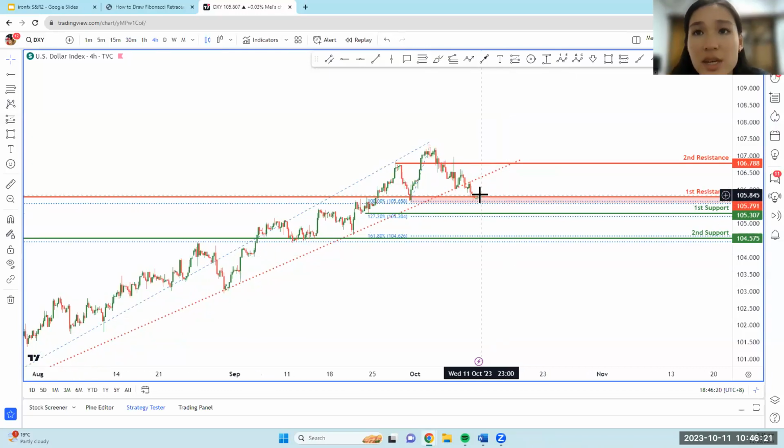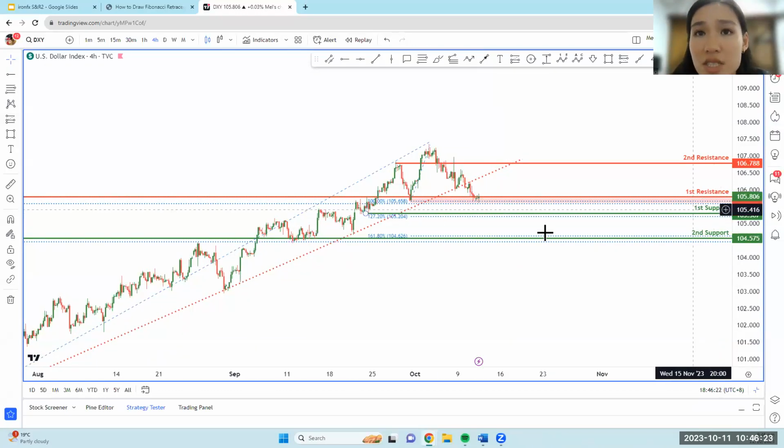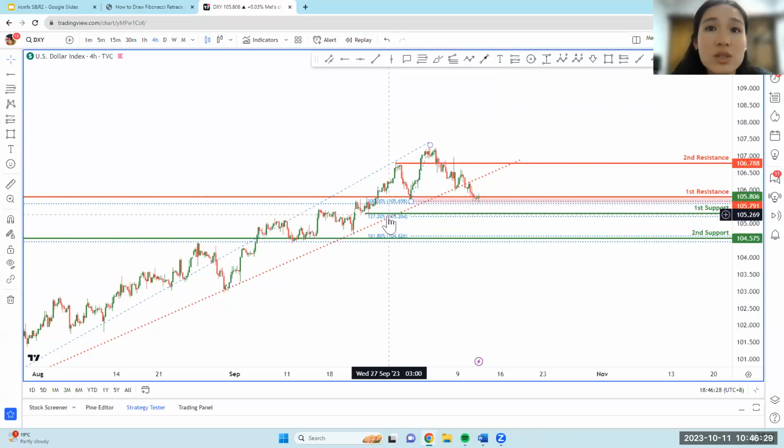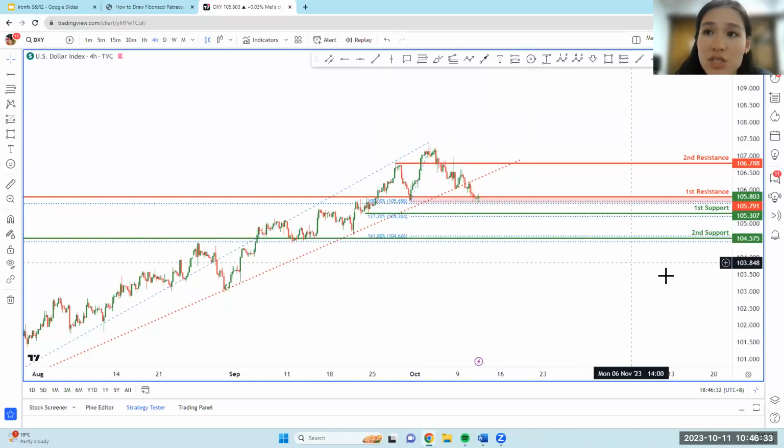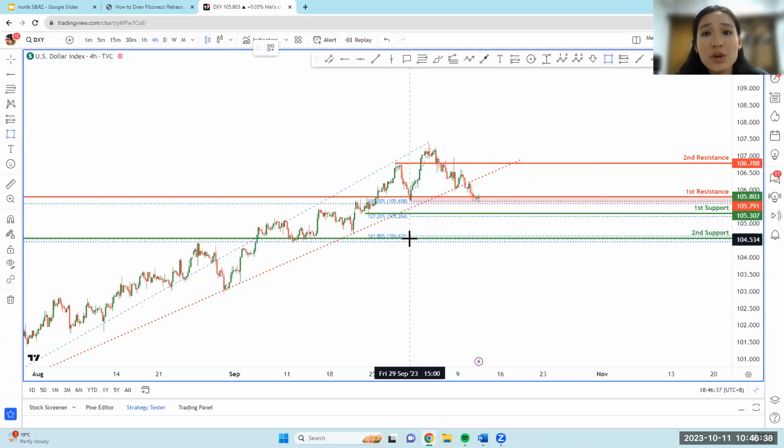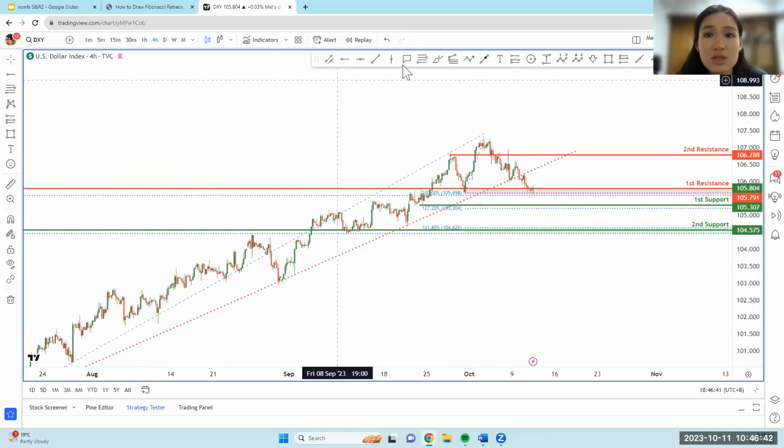Okay, but we can see that price is breaking out of our first resistance. So once it breaks out of this confluence area, we'll definitely see it approach our first support and the 127. And then subsequently, once it breaks out of that, we'll see it move towards the 161.8 because the 161.8, or our second support, is also an area of confluence.